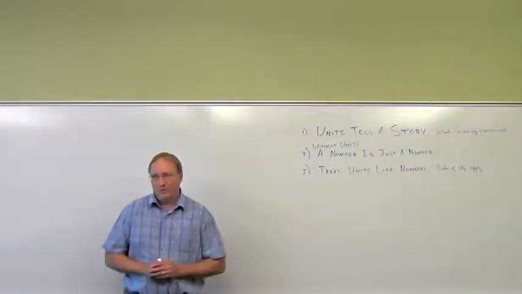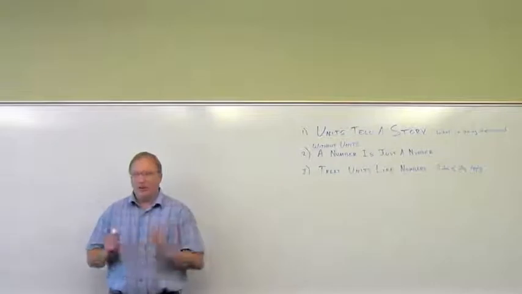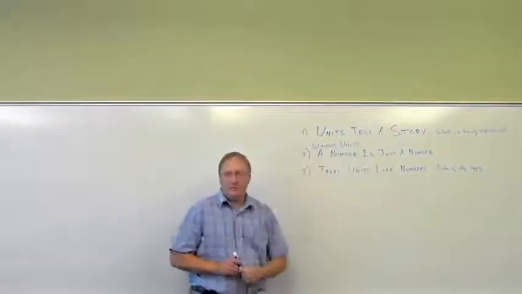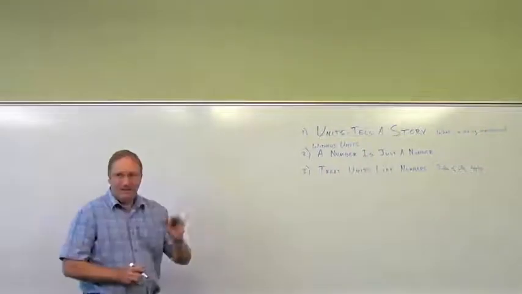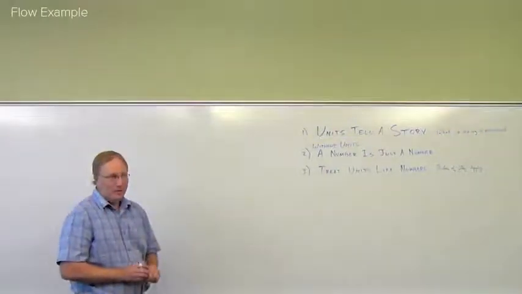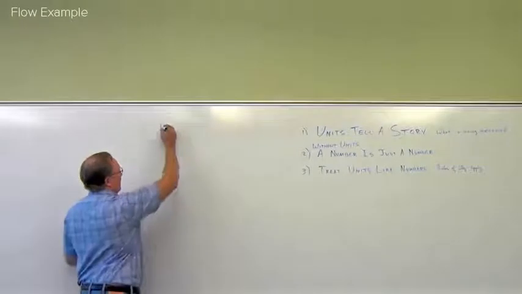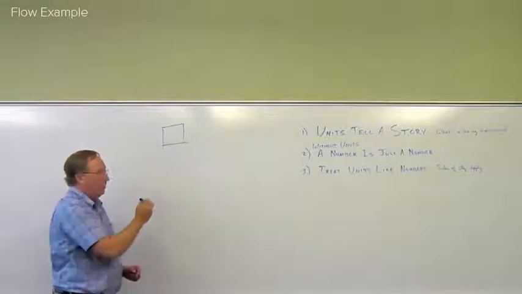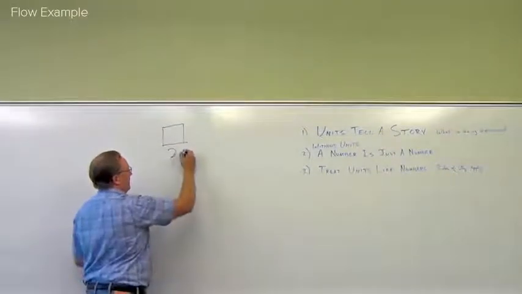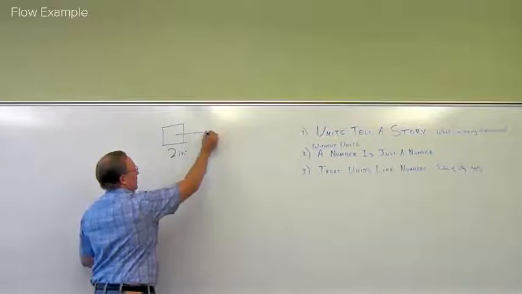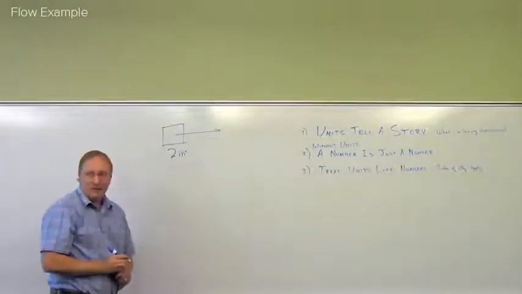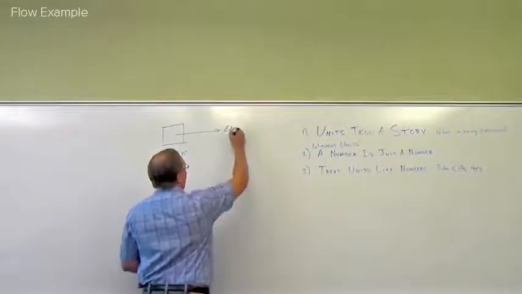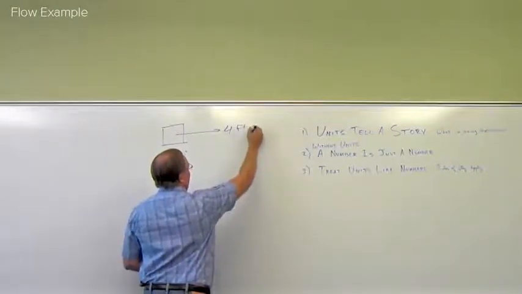All right, so let's do another example, and let's do a little bit harder example. And like we said, units tell us what's being measured. So let's say this is a flow example, and we're going to pretend that we have a square pipe that's 2 square inches of area, and we're going to have water flowing out of this pipe, and the velocity of the water coming out here is going to be 4 feet per second.